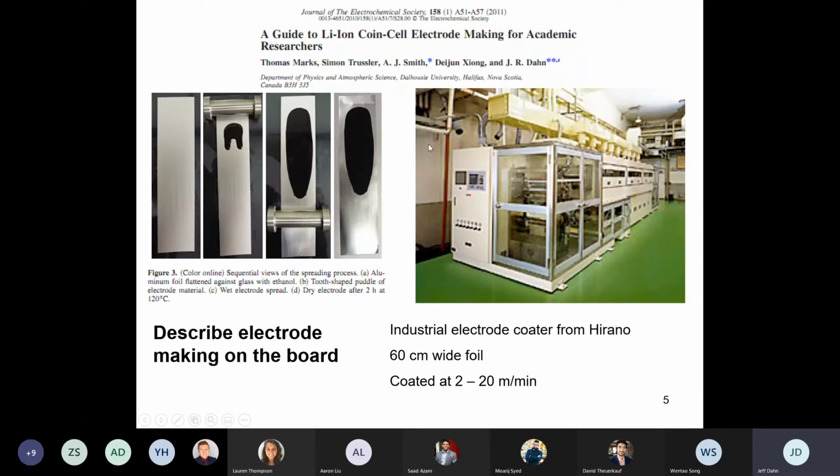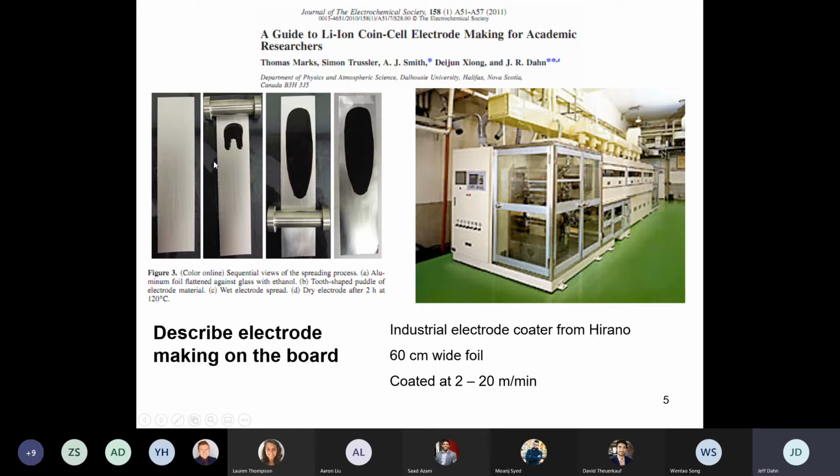Okay, so electrode making is quite simple. Many people in our laboratory have done this. You take the positive or negative electrode material, you add it to a liquid, and then you add a dissolved binder into that liquid, and usually some carbon black for conducting additive.